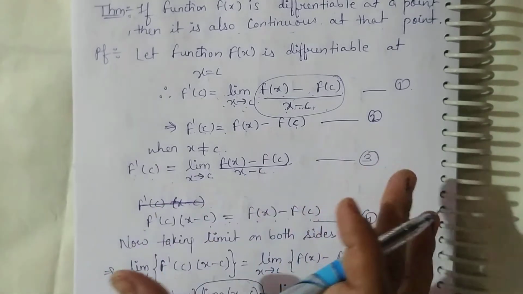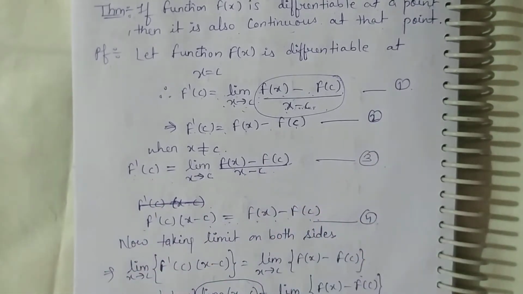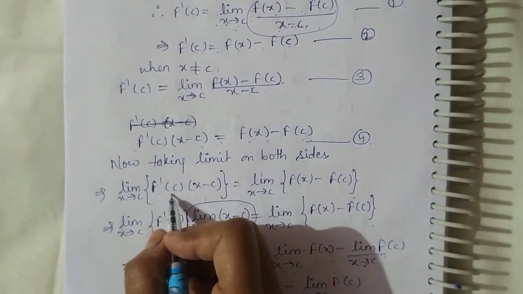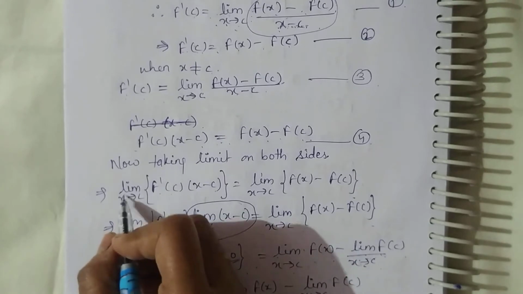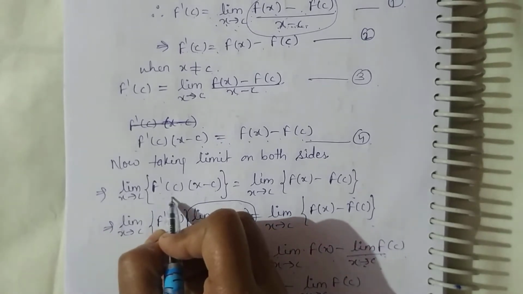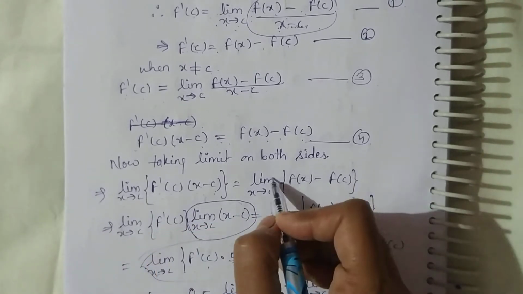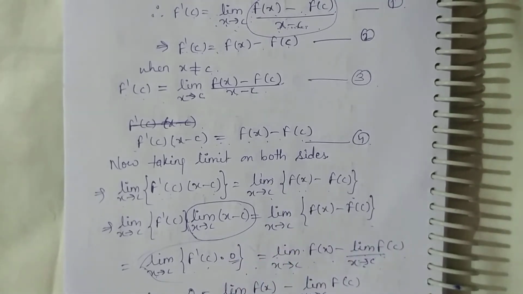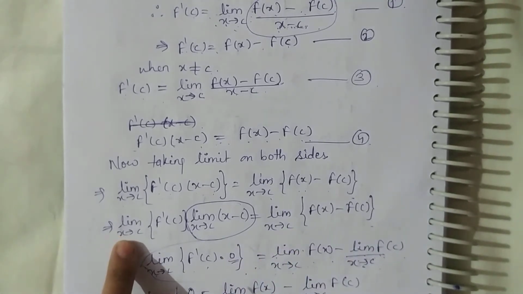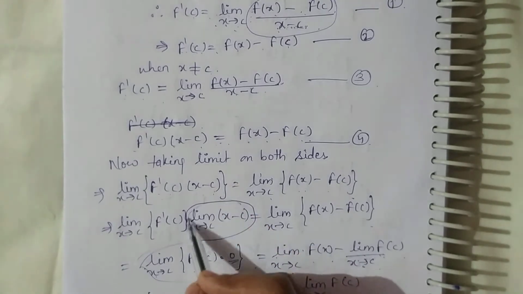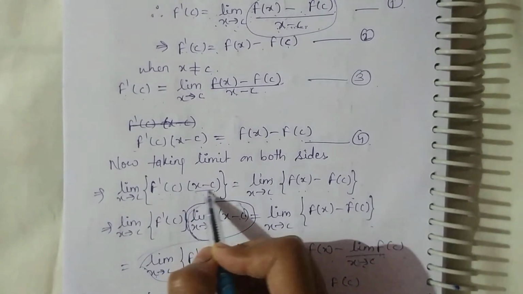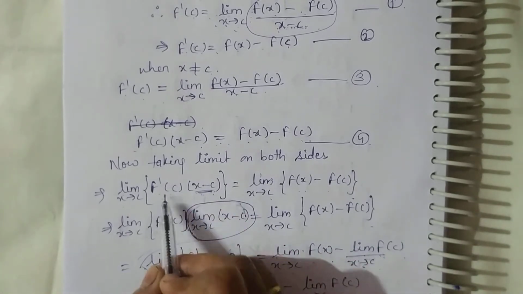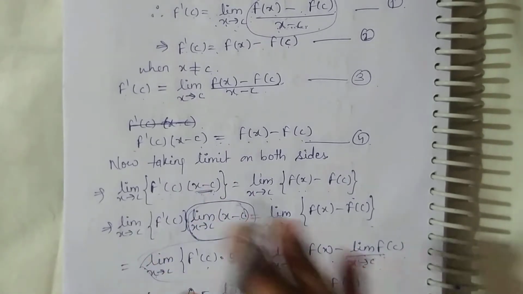Now taking the limit on both sides of equation 4, we get limit x tends to c of f dash of c times x minus c, and limit x tends to c of f of x minus f of c. When we take limit x tends to c, this whole term reduces to 0, and when 0 is multiplied by this term, the whole term is 0.